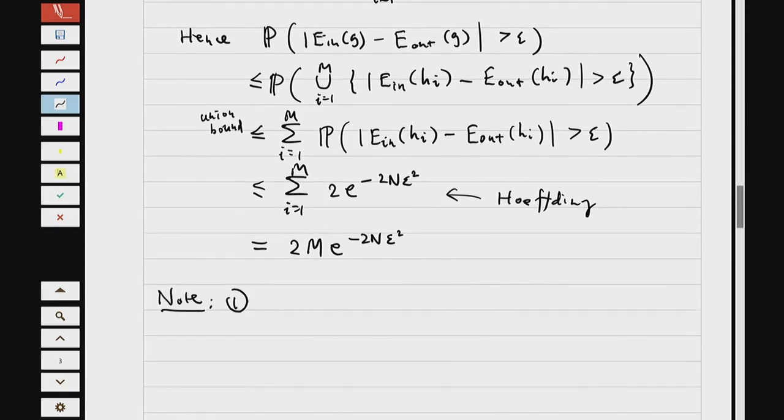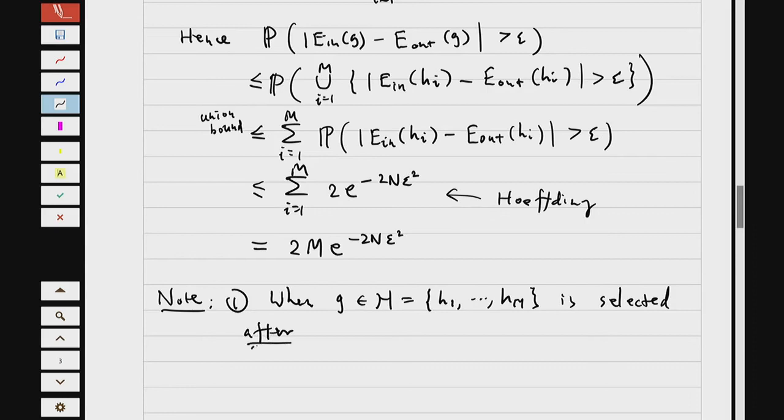Note that g is in H, and H has M hypotheses. So h_m is selected after observing the data.